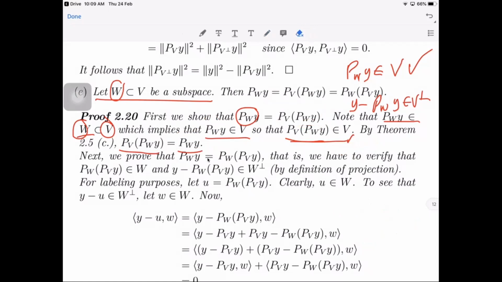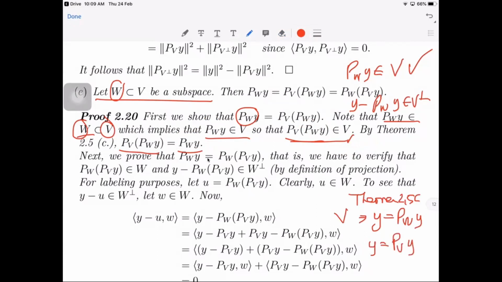So, if you relate it to theorem 2.5c, your Y here is the projection of Y onto W, which is in V. If it is in V, Y is equal to the projection of Y onto V. So, your PWY is equal to the projection of PWY. Okay? So, change of notation will guide you on how to use this theorem. Okay?